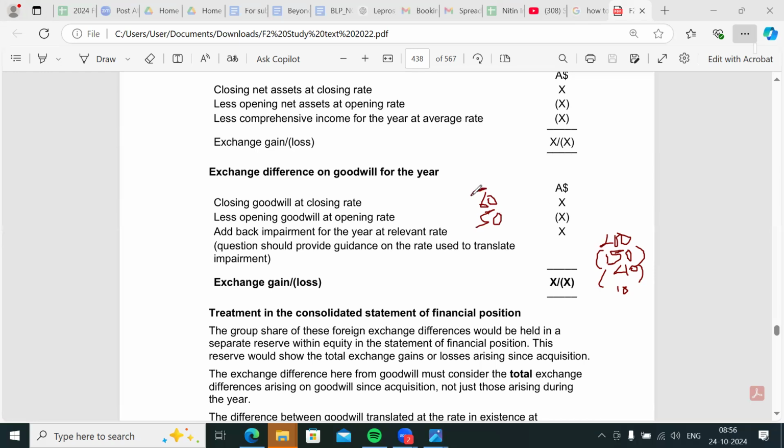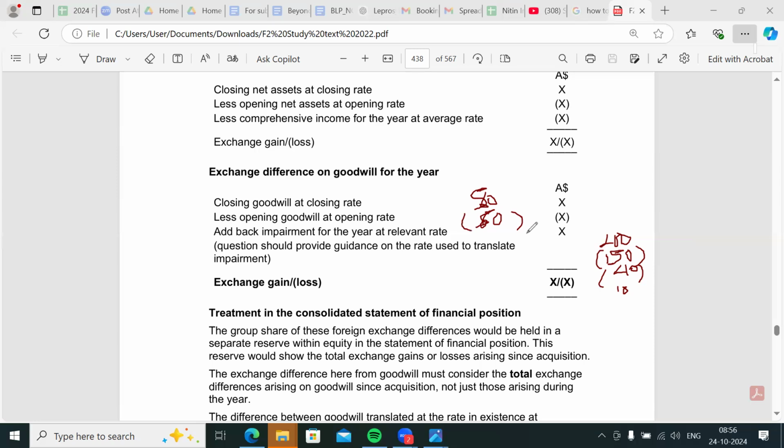Closing goodwill is 50. Opening goodwill is 60. So if this is the figure, then we are removing this. So apparently, the opening goodwill was 60 and impairment should have been 10. But we found out that the impairment was only 5.